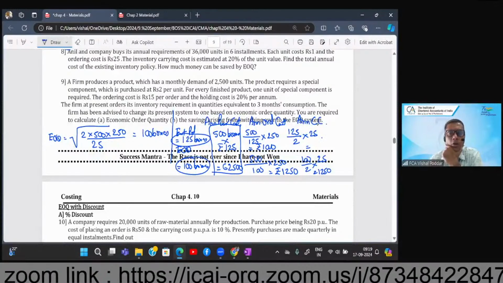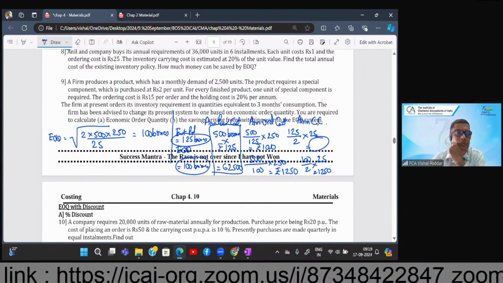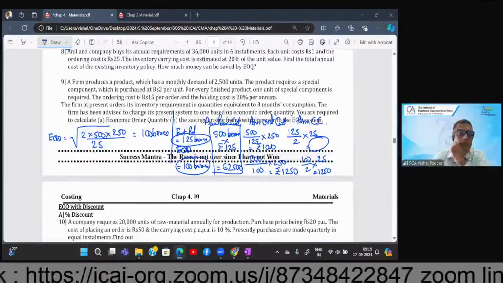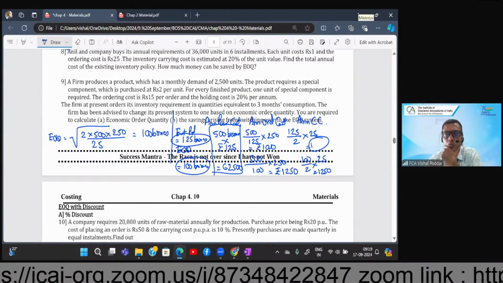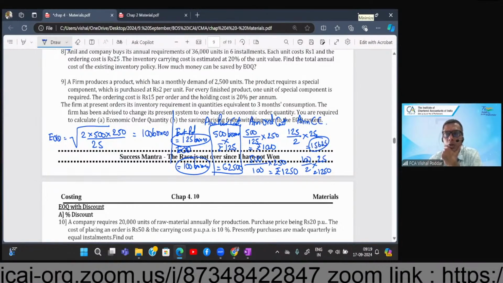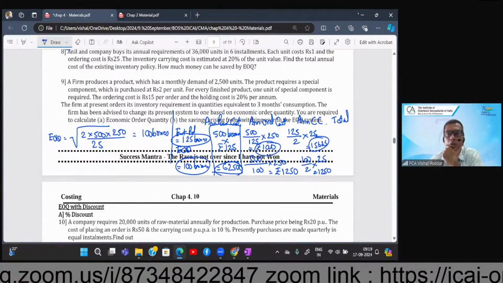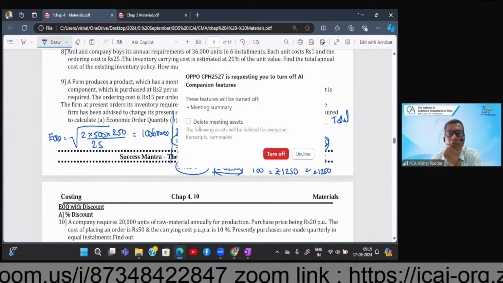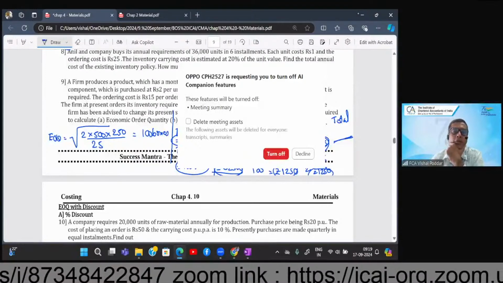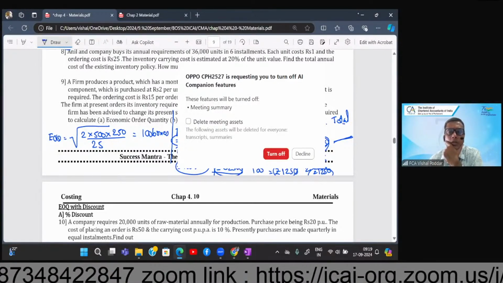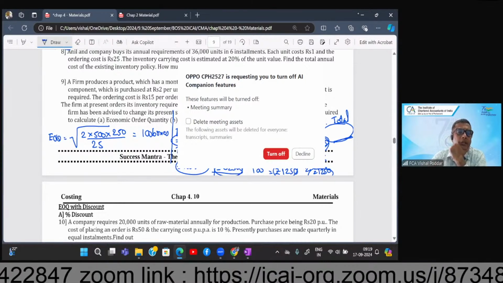How much is my carrying cost here? 1562. Now make a total of these three costs: 62,500 plus 1000 plus this. This is your total cost here. Again, 62,500 plus 1250 plus 1250. So tell me the total cost of the first option, that is the present policy.